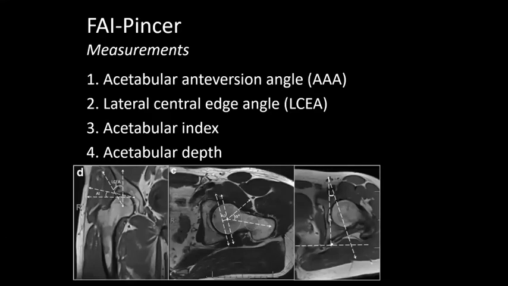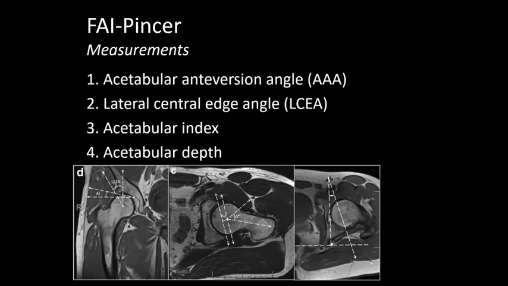There are different ways to quantify the acetabular over coverage of the femoral head, and these are four of the methods that we use. Every time we have a patient referred for femoroacetabular impingement imaging, we perform all these measurements.